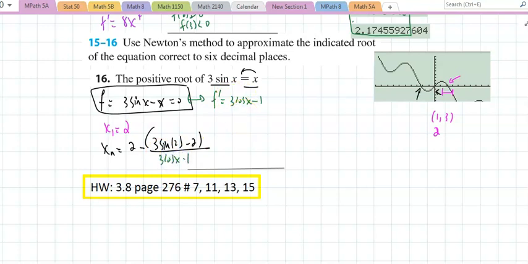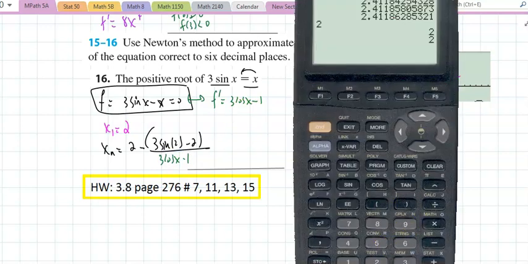And now if I input this in my calculator, and let me show you how that works, 2 enter, and if I take the answer minus parentheses 3 times the sine of my answer minus the answer divided by parentheses 3.